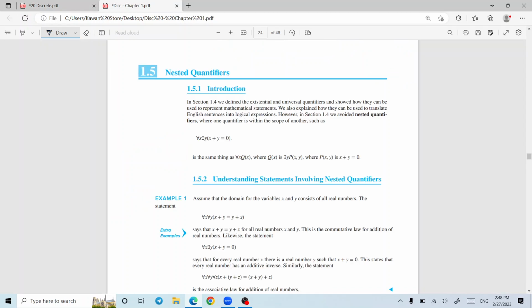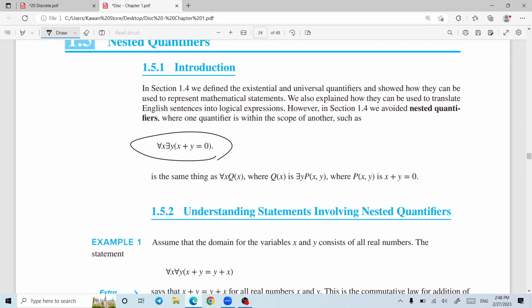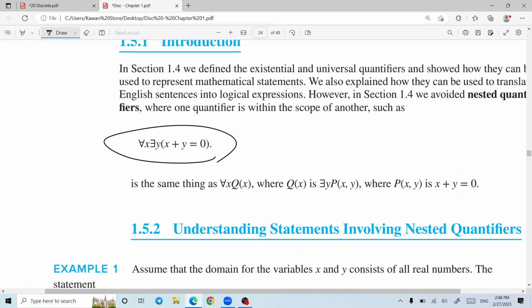So let me give you the example for your yes. We have, for each x there exists y. Listen to understand. Which condition is stronger, on x or on y? Of course on x. We say universal quantifier, for all values of x.